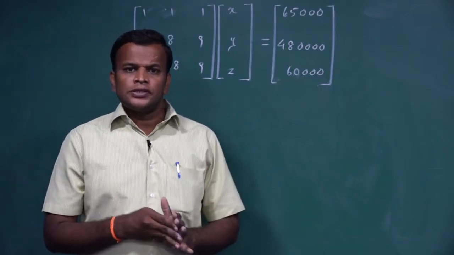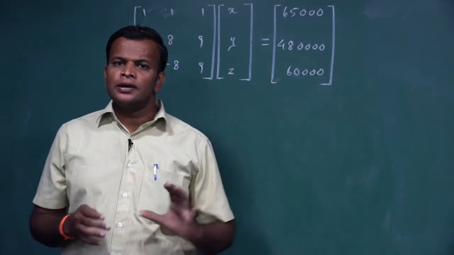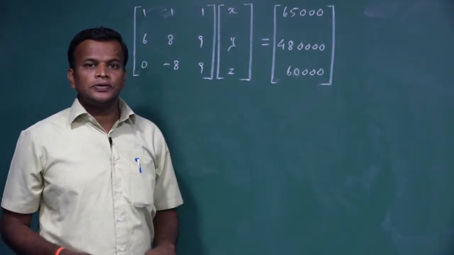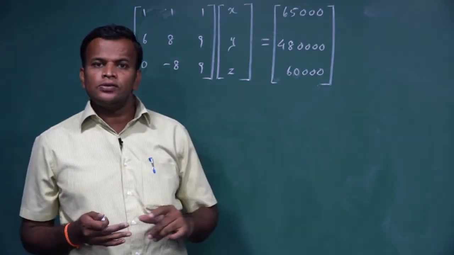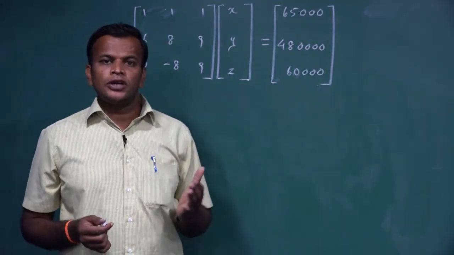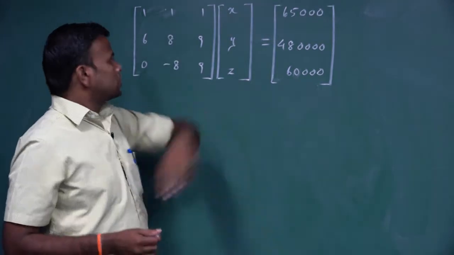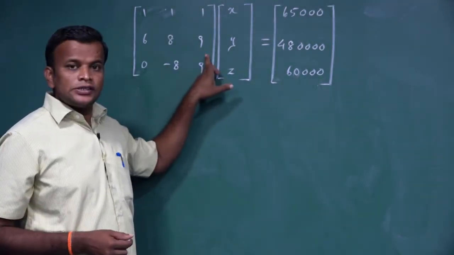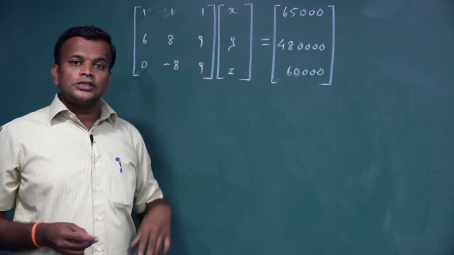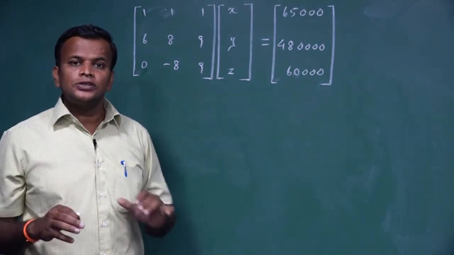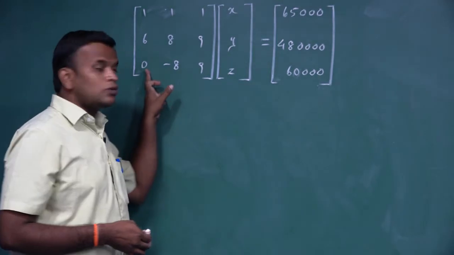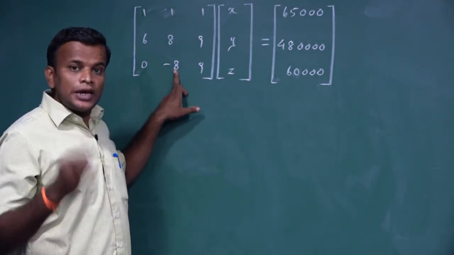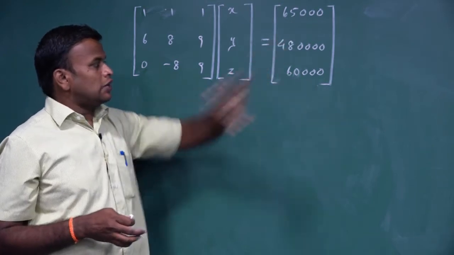What is the first equation? X plus y plus z is equal to 65,000. Coefficients of x, y, z are 1, 1, 1. The second equation, 6x plus 8y plus 9z. The third equation starts from minus 8y, so there is no coefficient of x, so 0, important, 0. Minus 8y, so minus 8, plus 9z.